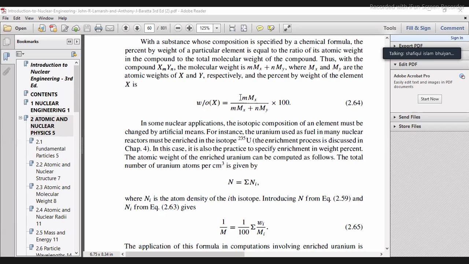If we do some calculation, then we'll get the in-depth meaning.